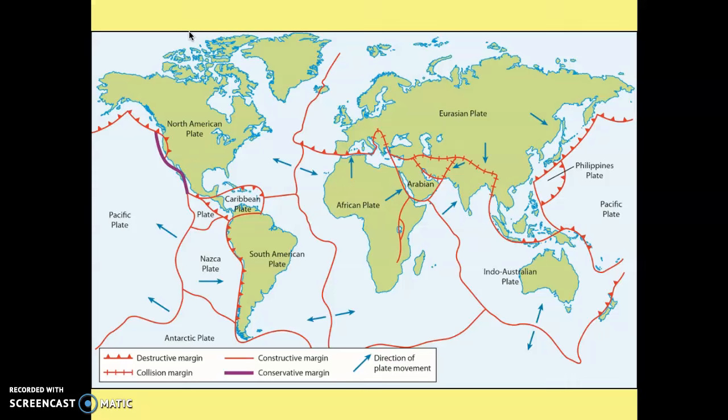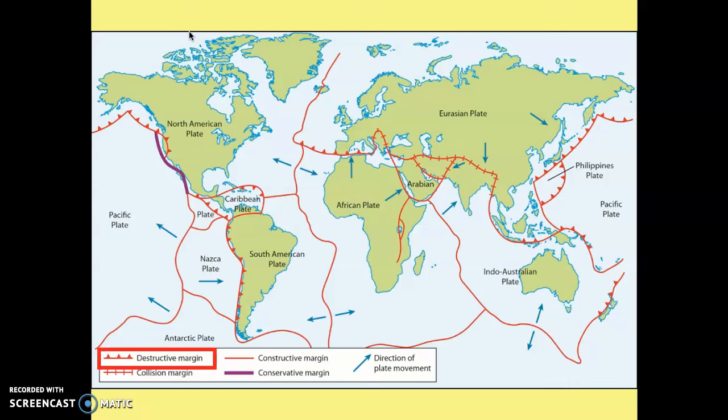Okay, constructive plate margins are the straight red lines with no triangles on them. I've marked that on the key. At constructive plate margins, the plates are moving apart. And as they move apart, they leave a gap behind them, and that's filled by magma rising from the mantle to the surface, and that forms a new crust.